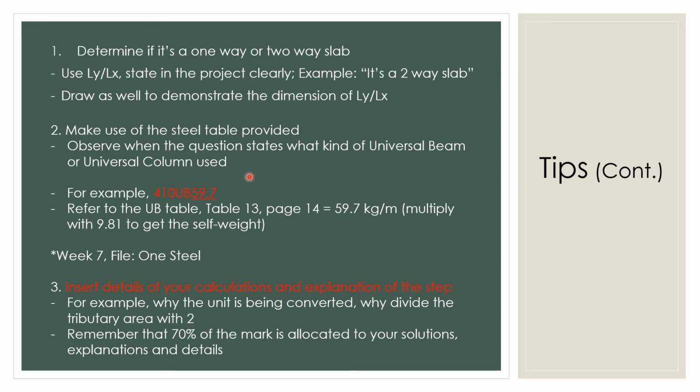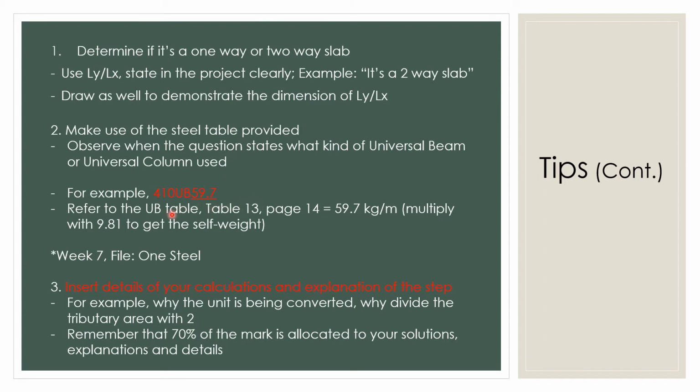The second one, make use of the steel table provided in the lecture. This is because some of the questions will state what kind of universal beam or universal column used in that project, because in a lot of projects there's different kind of UB and UC that you need to use. So for example, in the tutorial, the UB that's used is 410 UB 59.7.